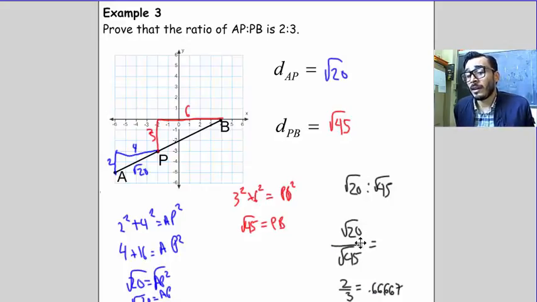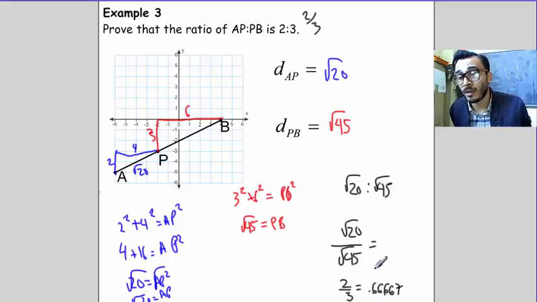Now, if this is the same as 2 to 3, which is just 2 over 3, right? You can just write this as 2 divided by 3. If rad 20 over rad 45 is the same as that, then I have, in effect, proven that AP to PB is in a 2 to 3 ratio.